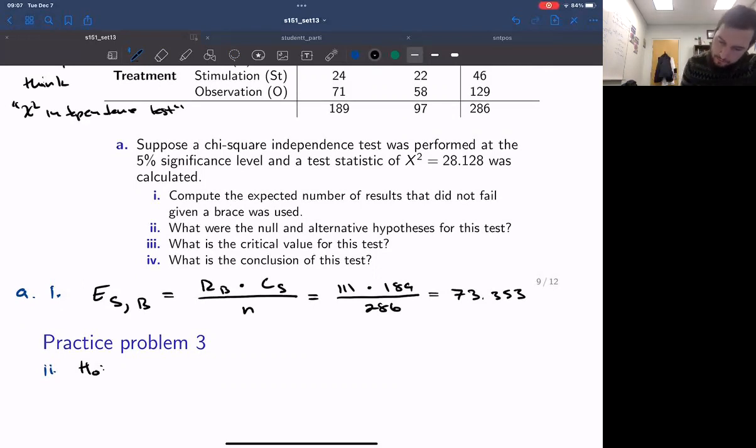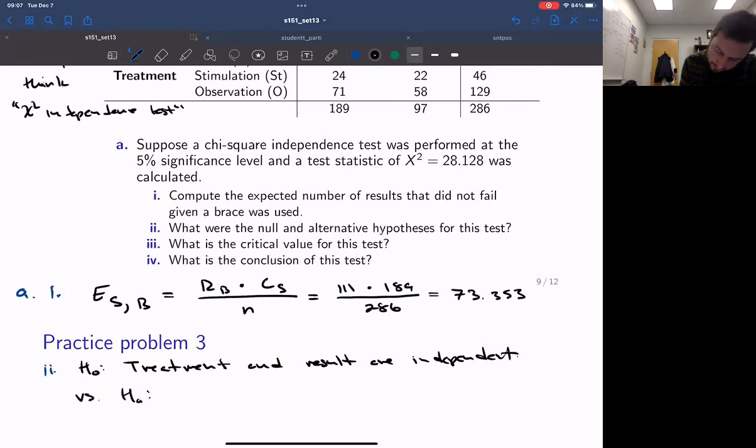So in the simplest expression, we have: treatment and result are independent, versus the alternative, treatment and results are not independent.